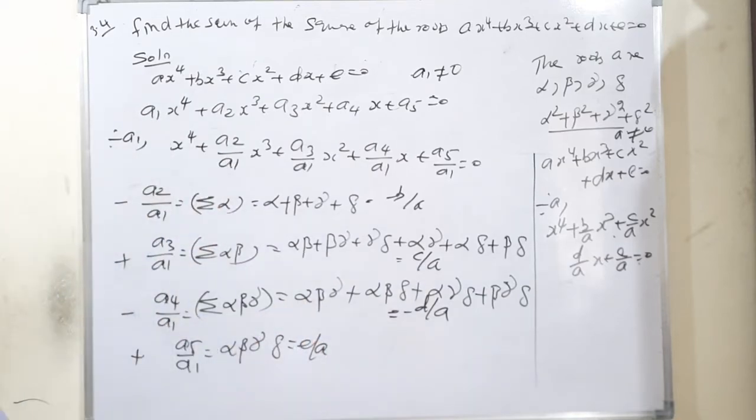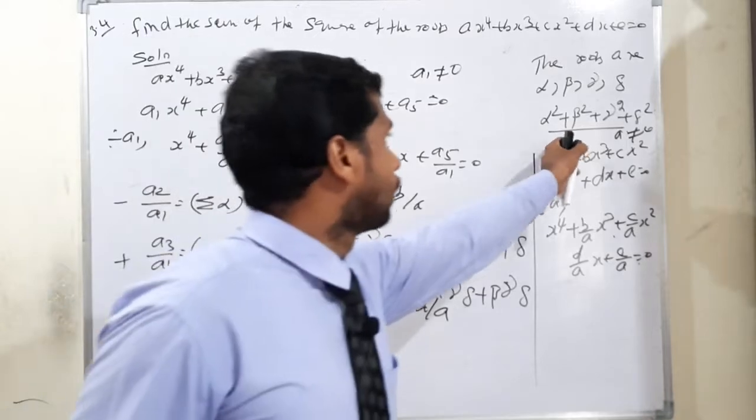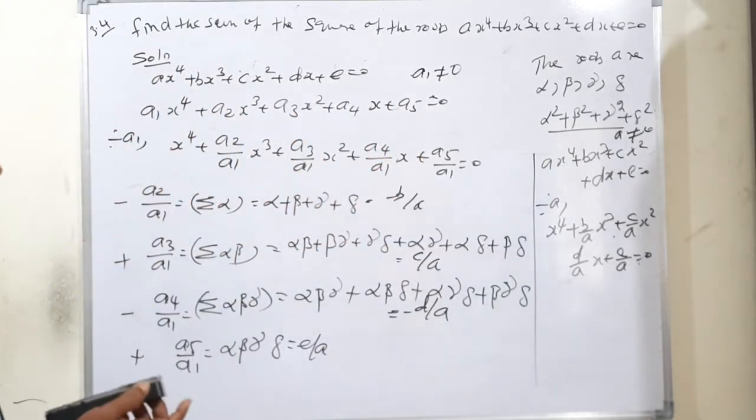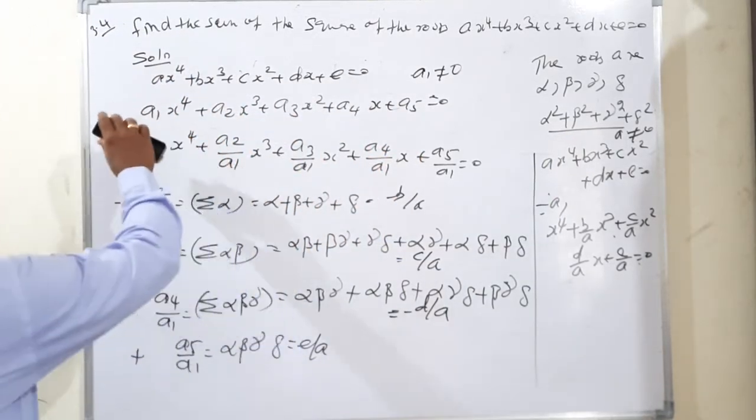So now we need to find the sum of squares of the roots, that is alpha square, beta square, gamma square and delta square.